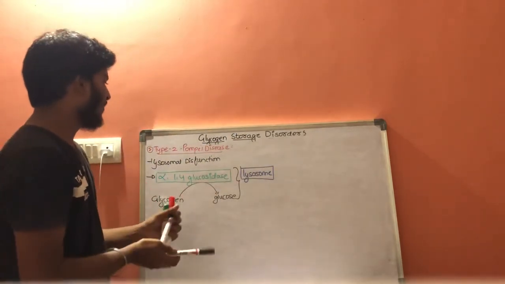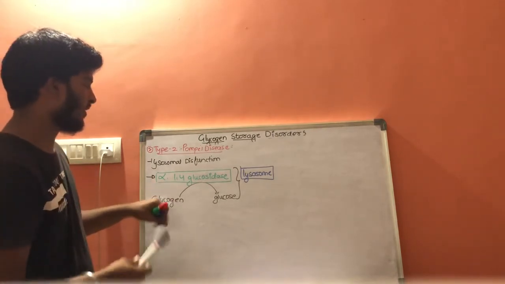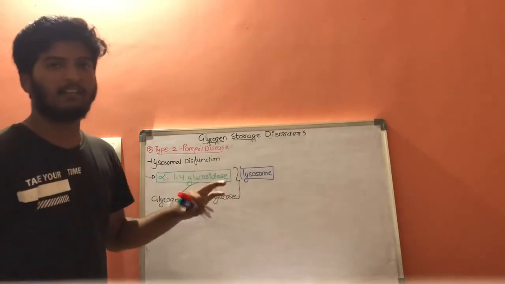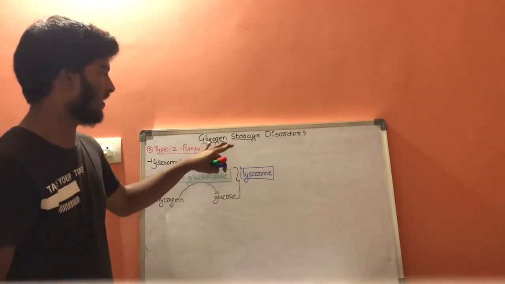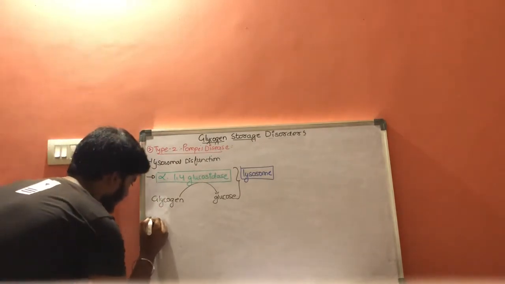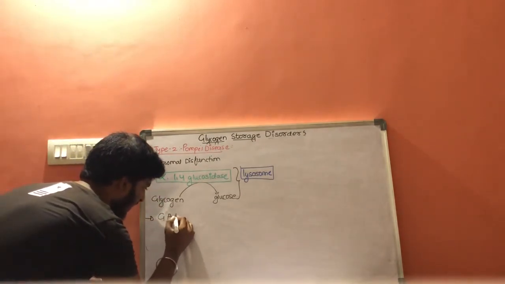And why this Pompe's disease occurs is that there are several genes which are present in lysosomes, and there is one special gene, that is GAA.